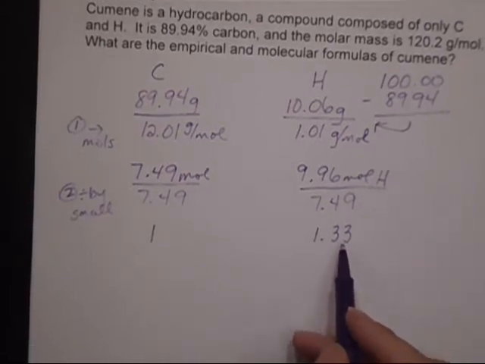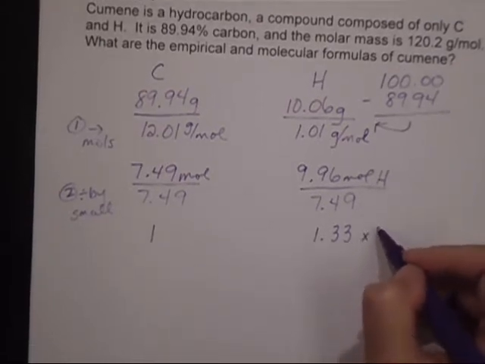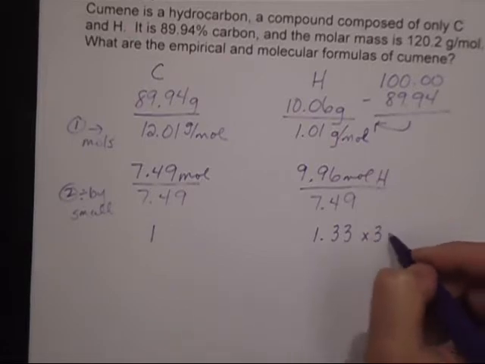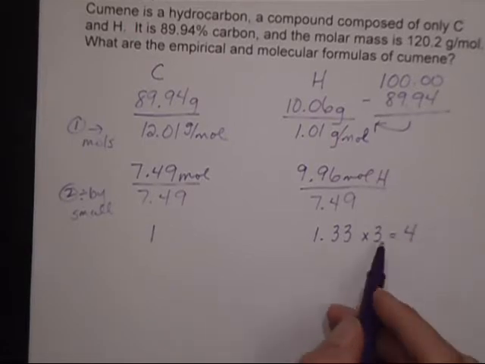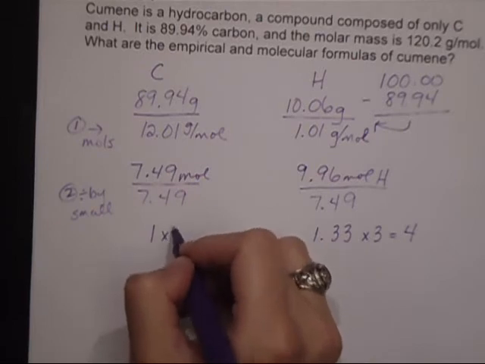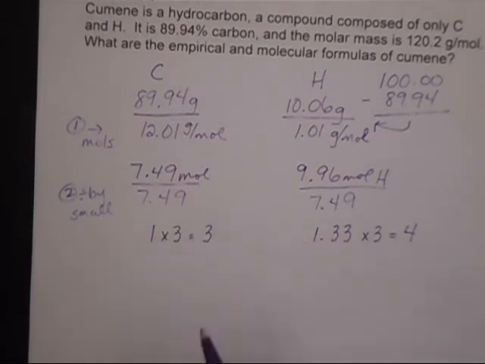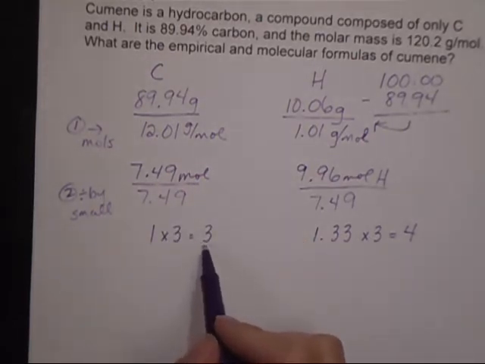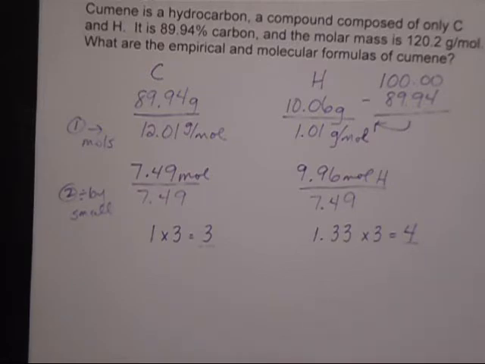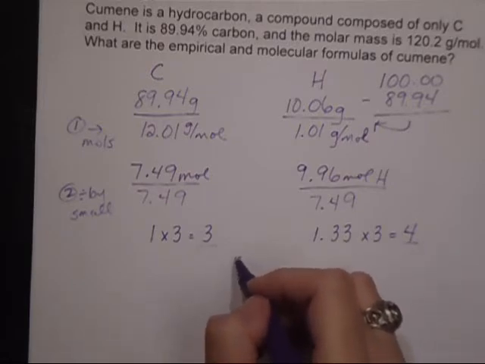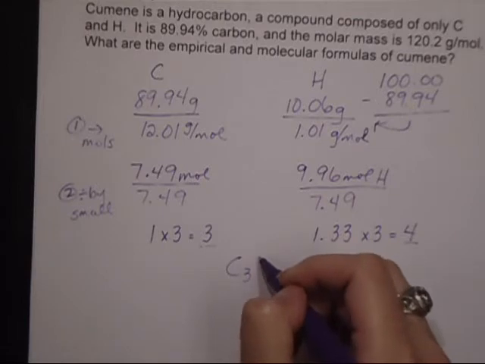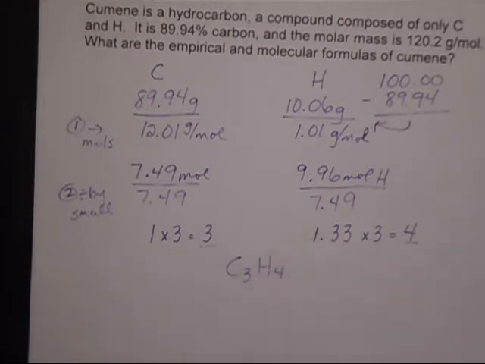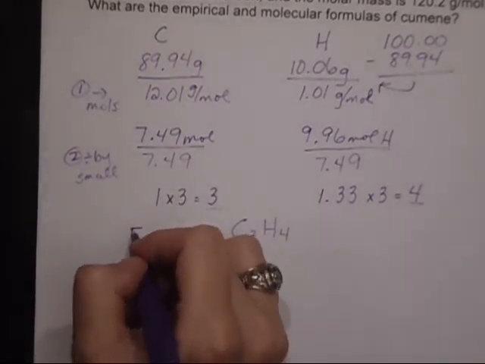We can't have a third of an atom, but we just saw a second ago that we could multiply that by 3, which would give me 4. And if I do it to the hydrogen, I have to do it to the carbon also. So now these values give me my empirical formula. 3 C's and 4 H's. So that's my empirical.